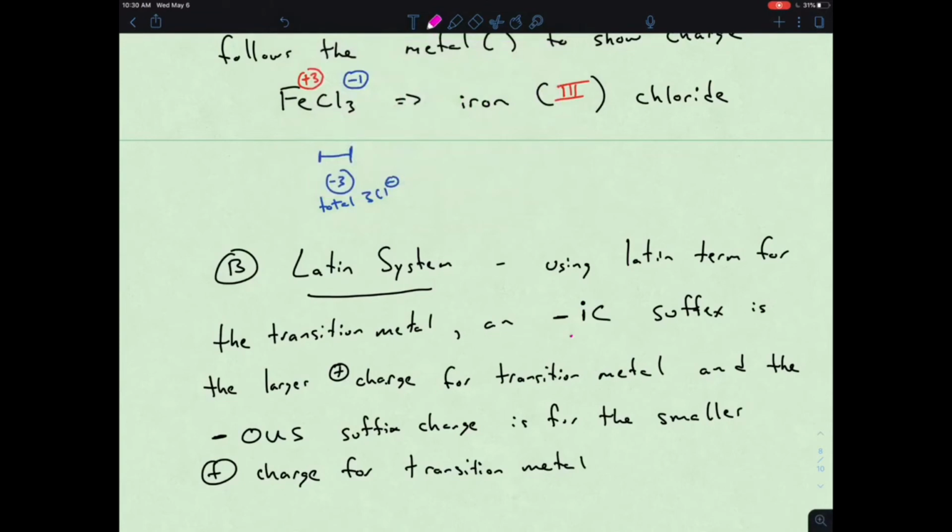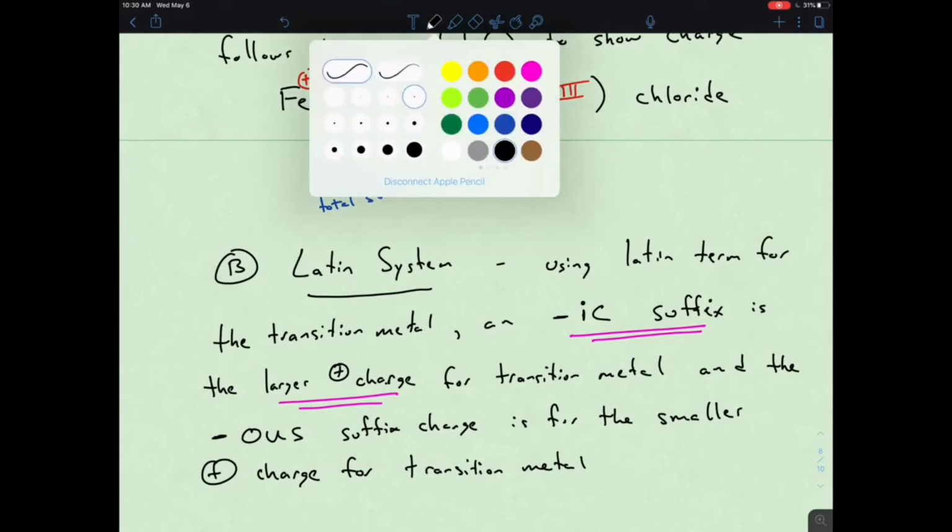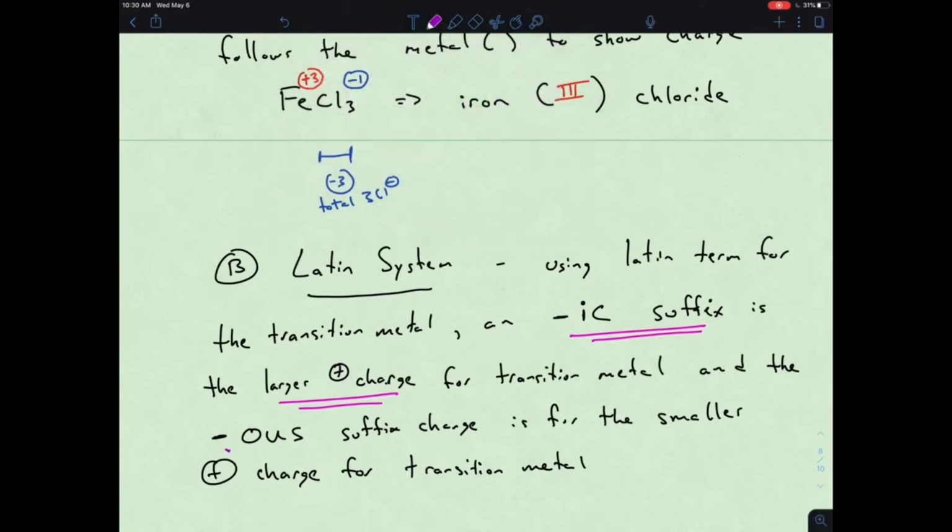We have an -ic suffix change for the larger positive charge. We have then an -ous suffix change when we're talking about the smaller positive charge for that transition metal. Plus it's in Latin, so students don't tend to like that too well.